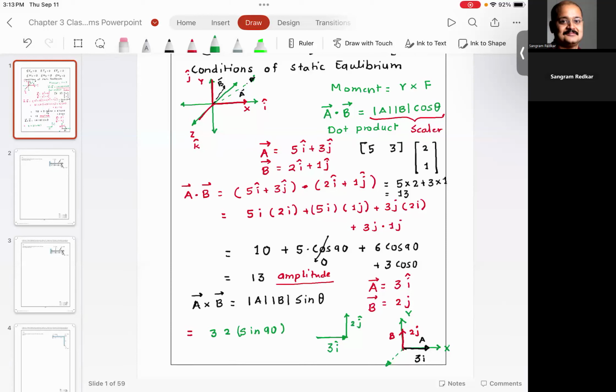So multiplied by here, it would be i cross j. And i cross j is nothing but k. So the answer is going to be 6k.